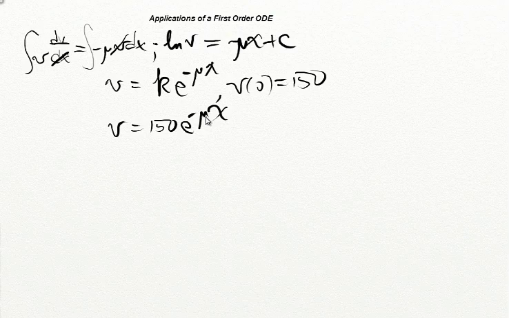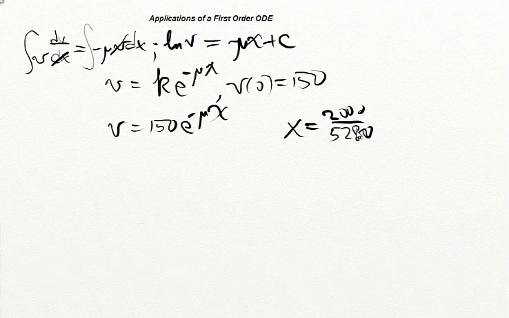And next we were told that it takes 2,000 feet to slow it down to 15 miles an hour. So if we put x equal, not 2,000, remember, because it's in miles, so x is equal to 2,000 over 5280 feet, 5280 feet in a mile.